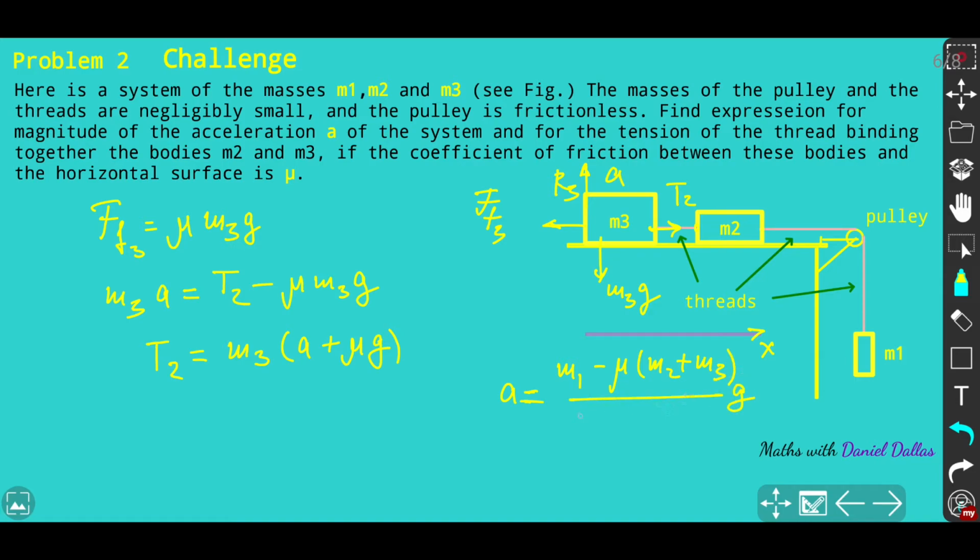We'll get another expression for T2 when we plug in. Okay, so just write down here and we plug this acceleration here.